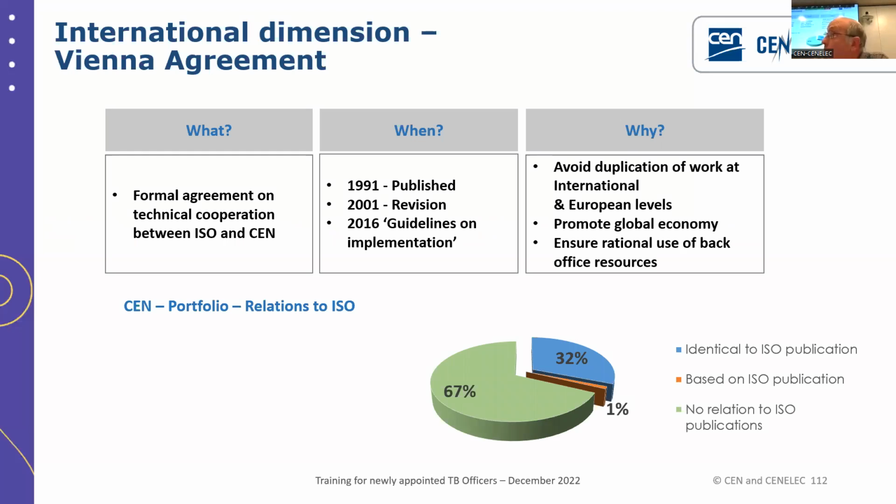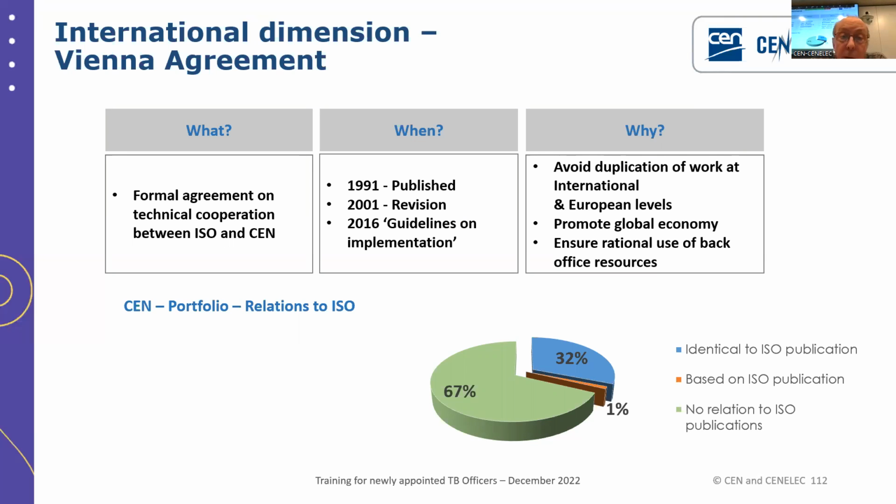So we will speak here about more specific relational cases, and the first case is the relation that we have with ISO. In the field of CEN and ISO, there is an agreement which is called the Vienna Agreement. And what is the Vienna Agreement? It is a formal agreement between ISO and CEN.